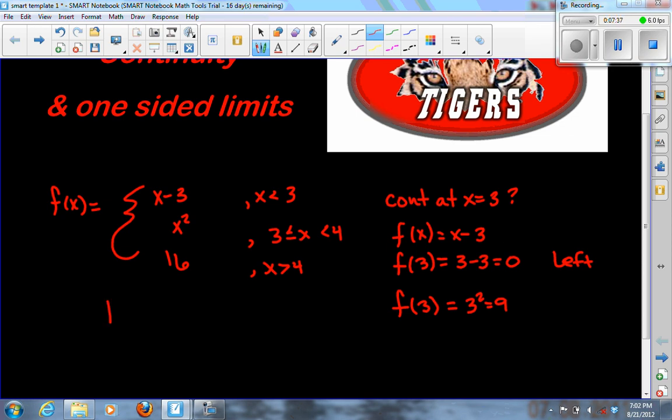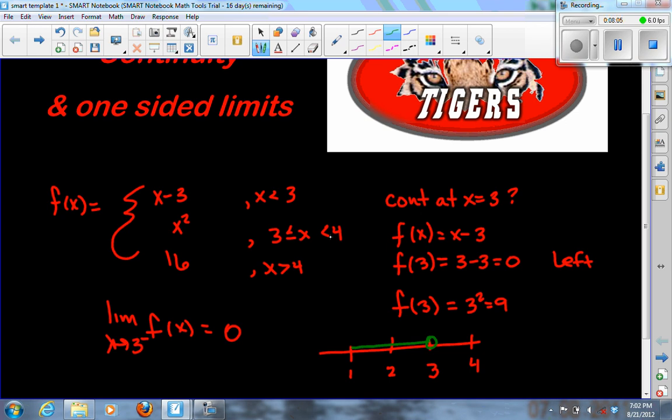So as x approaches 3 from the left, my limit of f of x is 0. On a number line, I have 1 and 2 and 3 and 4. As I'm approaching 3 from this side, see how that's coming in from the left? That's stopping here.